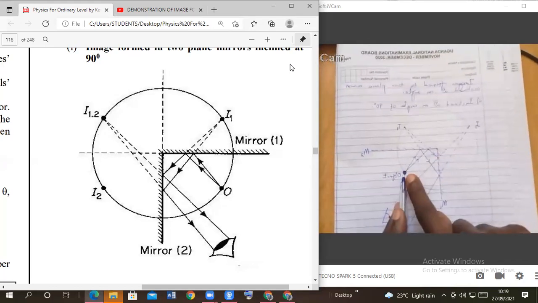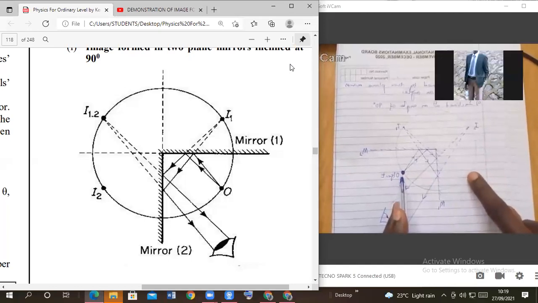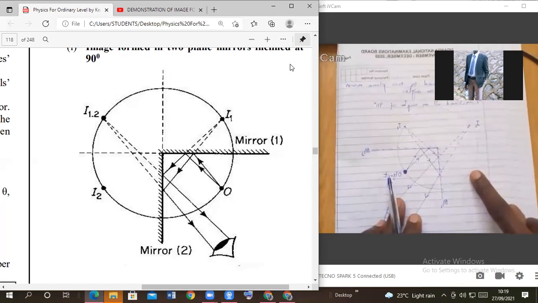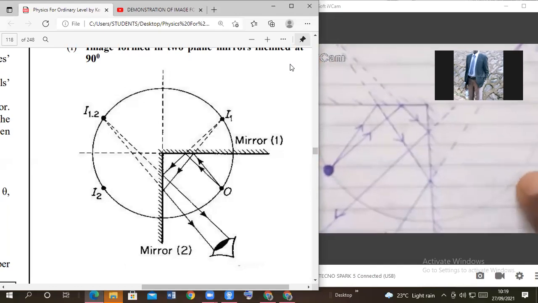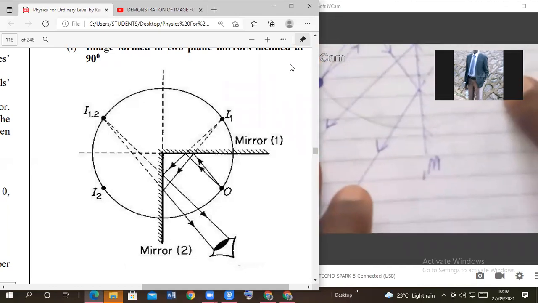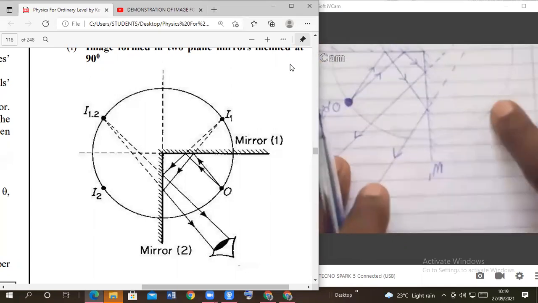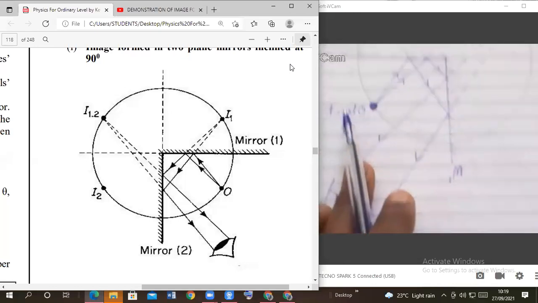So which means the image of this will be formed somewhere here. Hold on a minute, please.